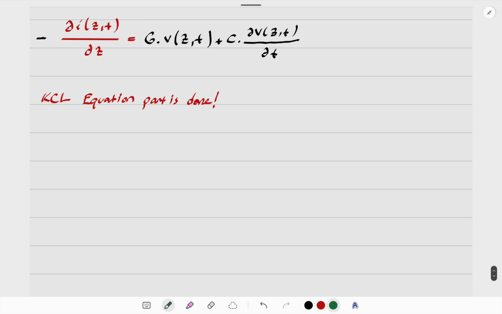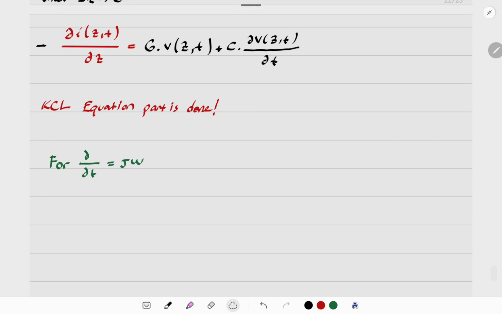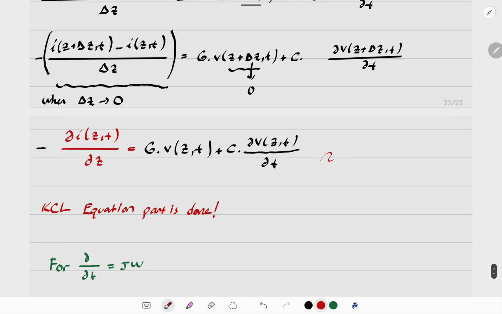Remember from our lectures, we know that del over del t is equal to j times omega. If we use this for both the KVL and KCL equations, this is also equation number 2.